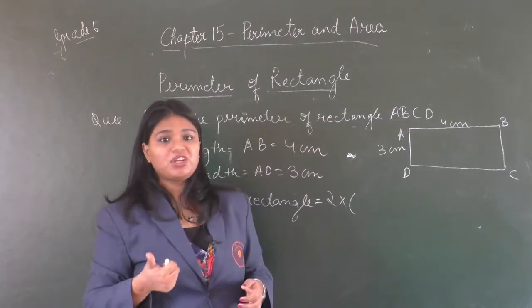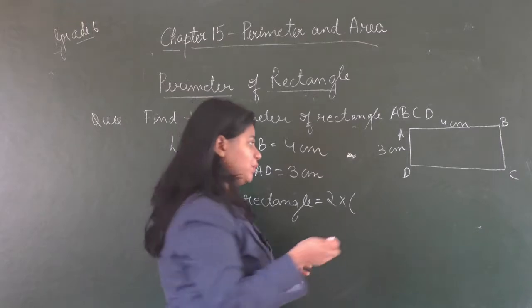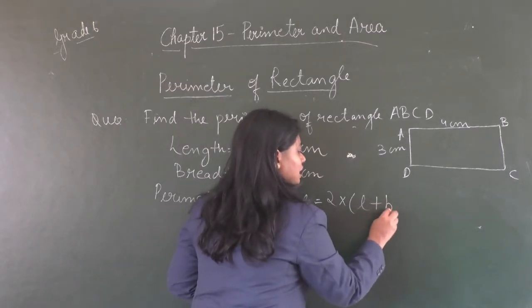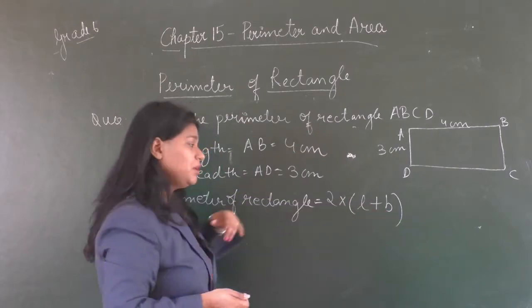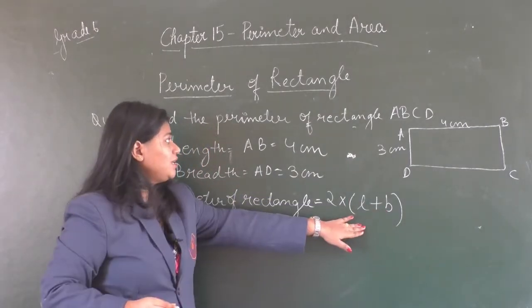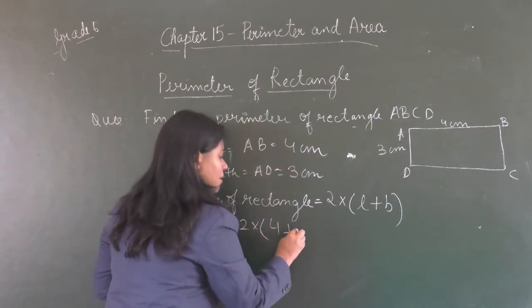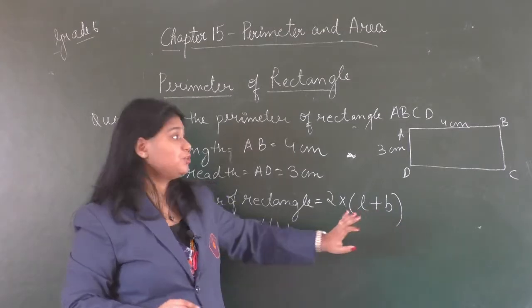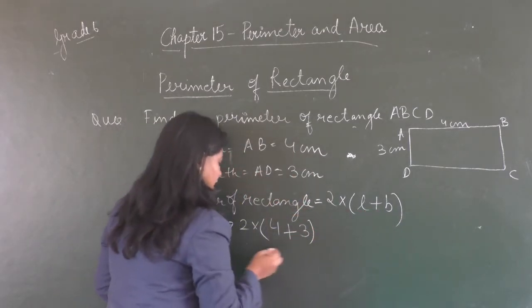Now it's up to you. You can write the entire term length plus breadth, or you can also write the abbreviation, that is L plus B. So now let's substitute the values in this formula. So first we will write 2 into, so length is equal to 4 cm, so I will write 4, plus breadth is equal to AD, that is 3 cm, right?